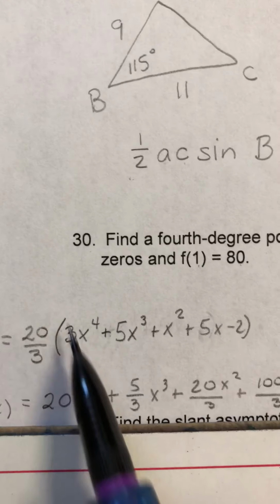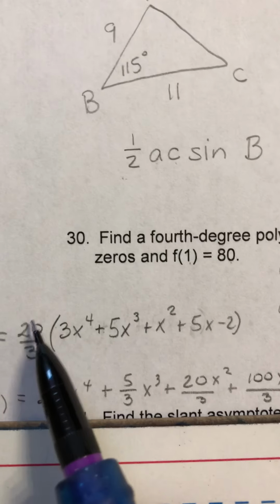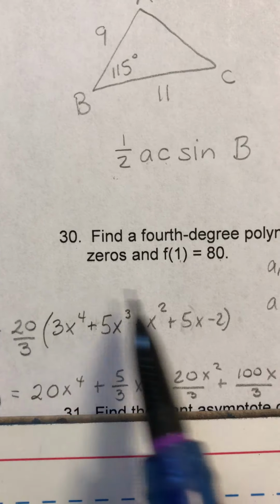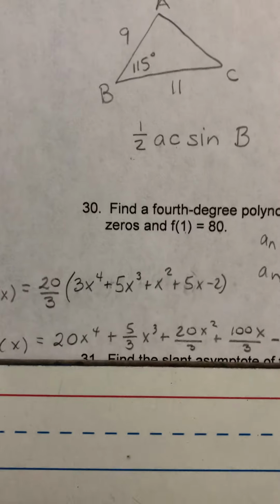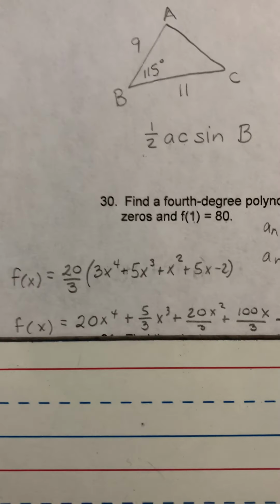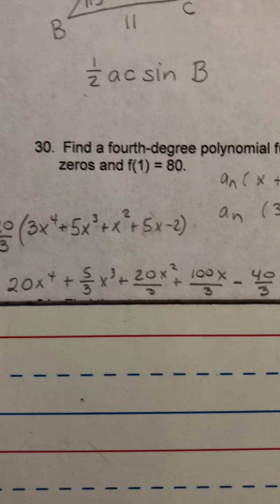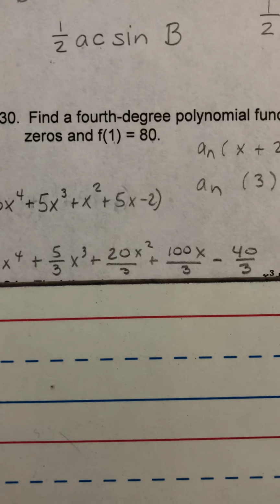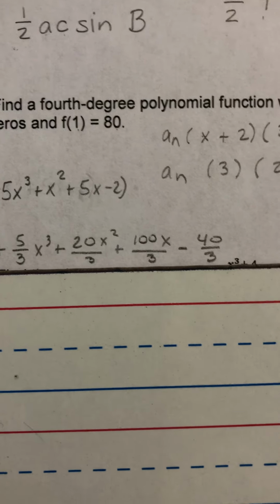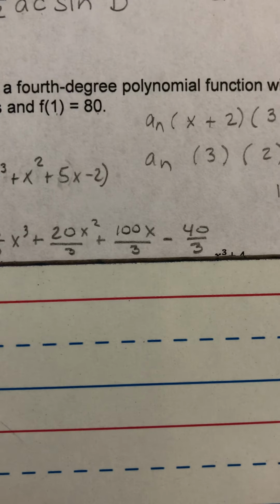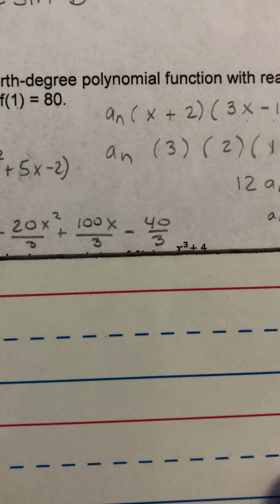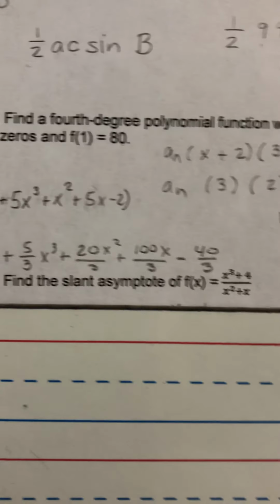Now put in your leading coefficient and distribute to all of these terms. And that is how I'm going to get f of x equal to 20x to the 4th plus 5/3 x to the 3rd plus 20x squared over 3 plus 100x over 3 minus 40/3.